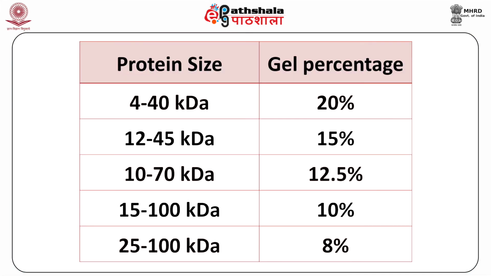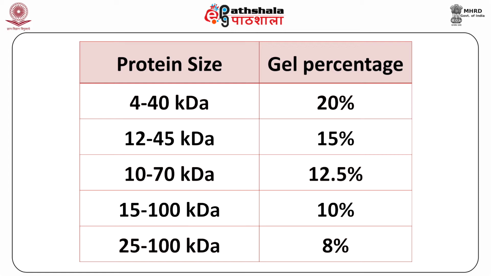The polyacrylamide gel percentage separation ranges according to protein size and the corresponding gel percentage. For proteins of 4 to 40 kDa, gel percentage should be 20%. For protein sizes 12 to 45 kDa, gel percentage should be 15%.